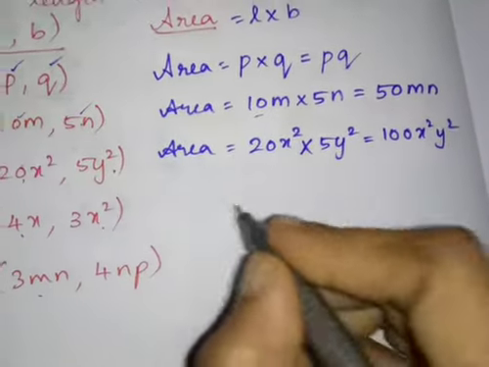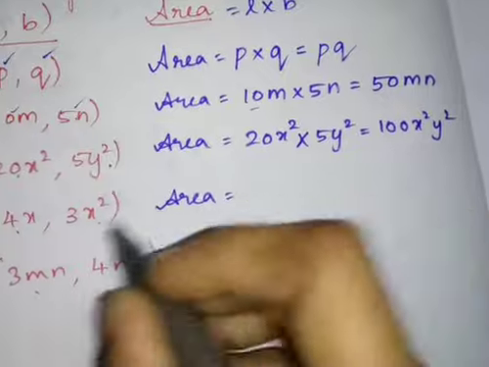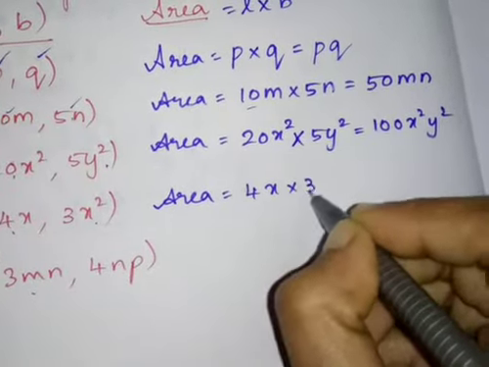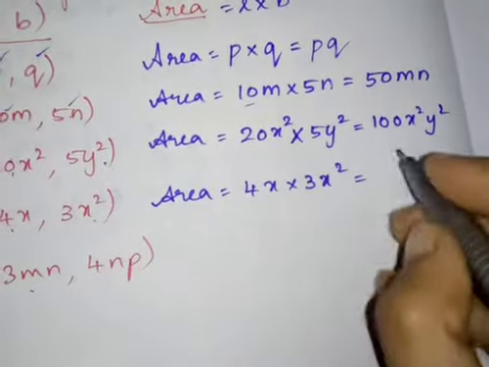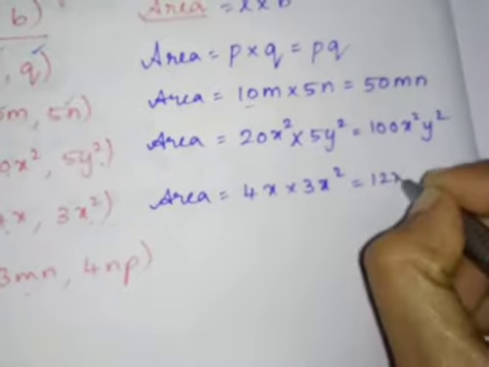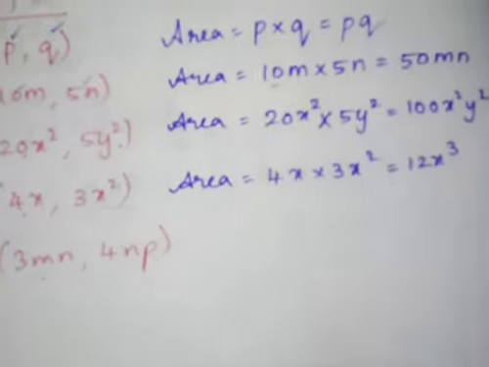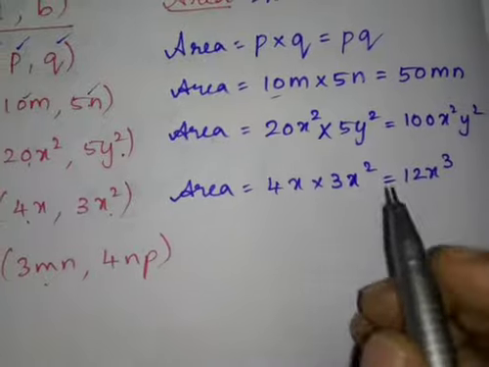Next, area is 4x into 3x square. 4 threes are 12. x into x square, x cube. So 12x cube.